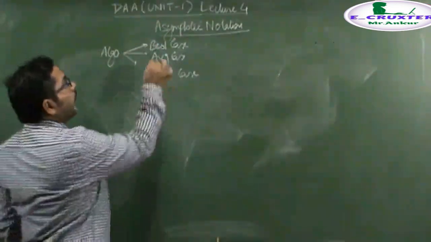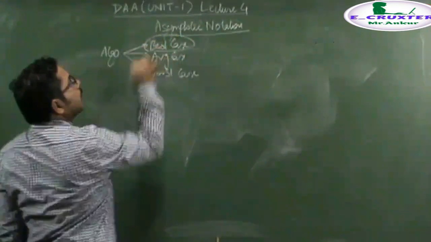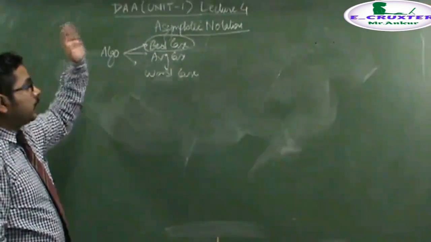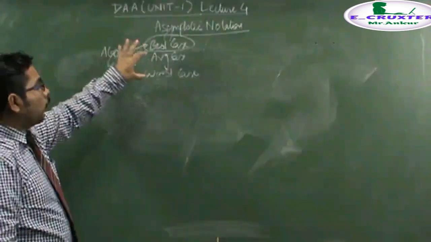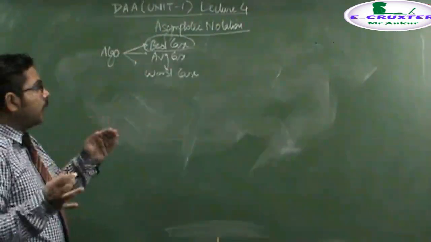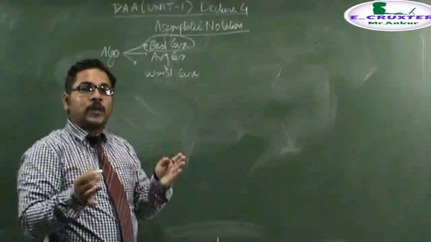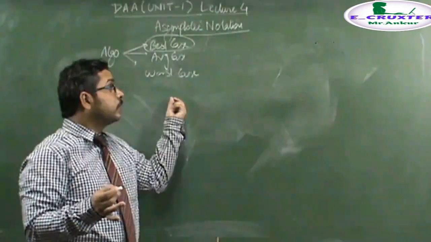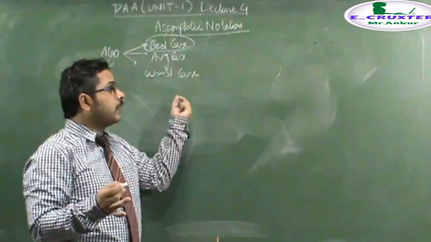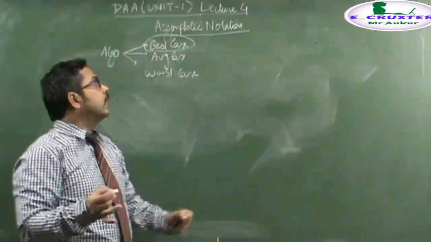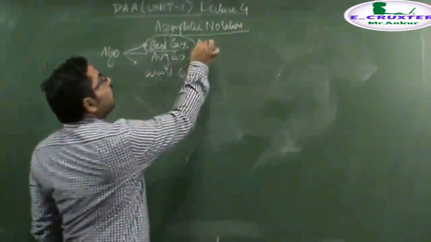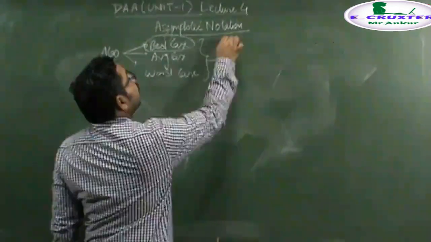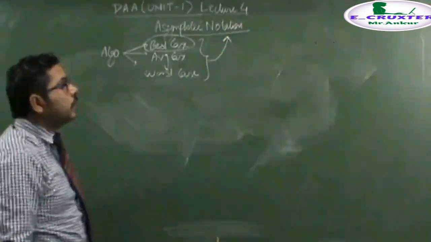The best case provides the minimum time the algorithm will take. The worst case tells us, for a given input, the maximum time an algorithm is taking. For example, for insertion sort the maximum time was of order n square, and average is between best and worst case. Depending upon these cases, there are five types of notations which we will be studying.